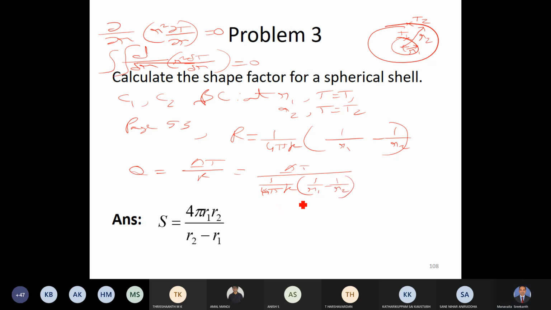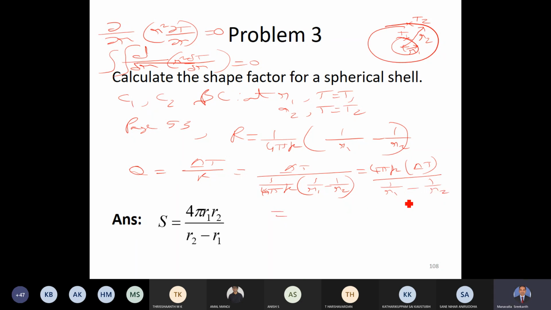Now, we will bring this to the top. So what will happen is 4 pi k delta T by 1 by R1 minus 1 by R2.